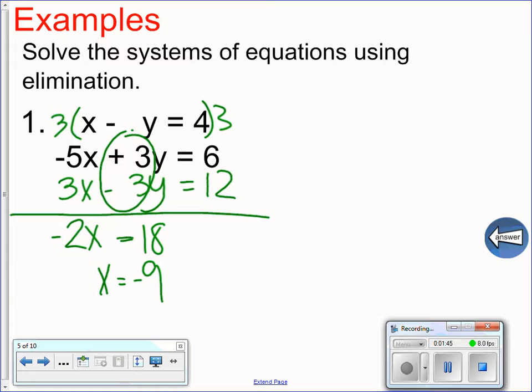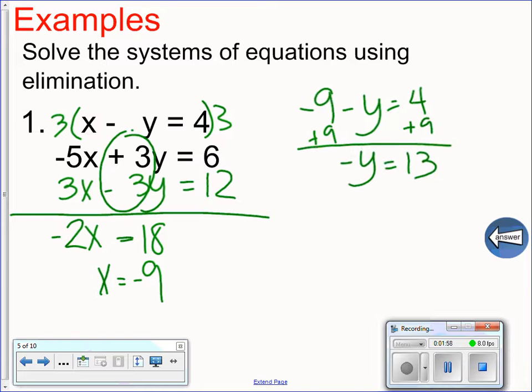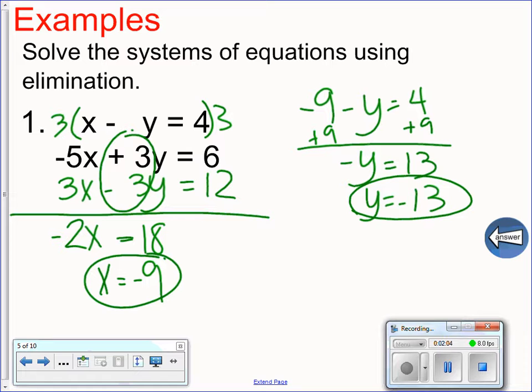Now I need to substitute back into either equation, so negative 9 minus y equals 4. Add 9 to both sides. I get negative y equals 13, so y is equal to negative 13. So I have x is negative 9 and y is negative 13, and I use the other equation to check.